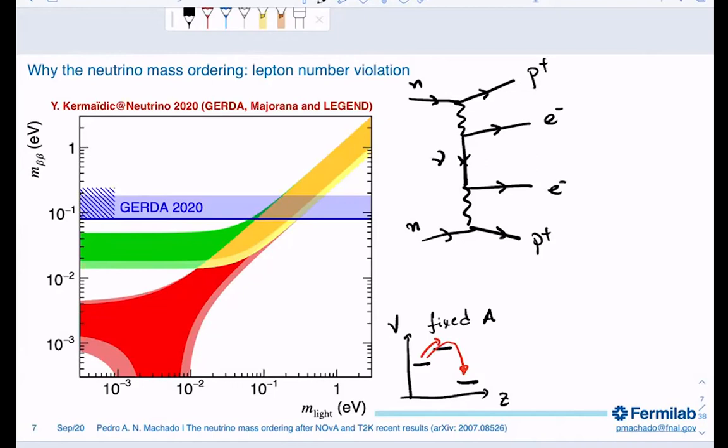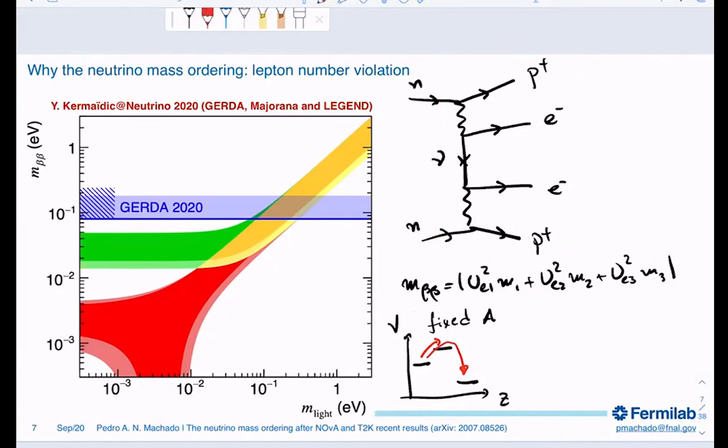And this is proportional to what we call the neutrinoless double beta decay effective mass, which is m beta beta equals UE1 squared m1 plus UE2 squared m2 plus UE3 squared m3, where all these have phases, right? So basically you have 3 complex numbers being summed up, and now you want to see if this m beta beta is large enough, so that would enhance the rate of neutrinoless double beta decay.